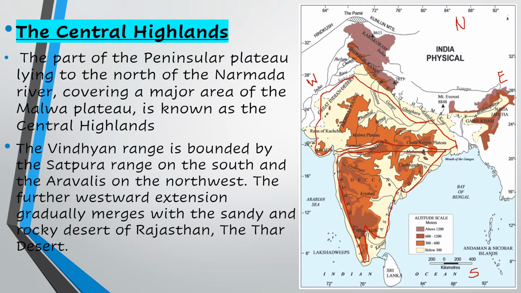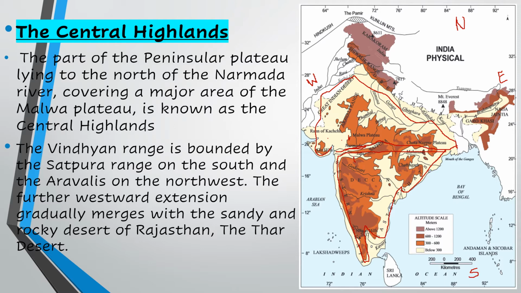Now, the part of the Peninsular Plateau lying to the north of the Narmada River. You can see Narmada River over here. You can see over here, right? This is River Narmada. And Narmada's north will be over here. Yes, Narmada's south will be over here.